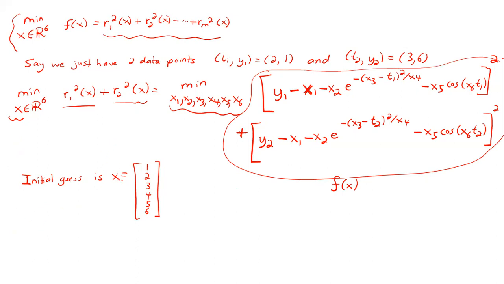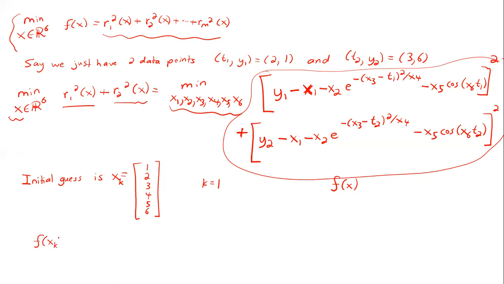So if I do f of this, I'm going to call this xk to signify that it's the kth iterate. So in this case, it would actually be k is equal to 1. So it's the first iterate, but I'm going to denote it with xk.